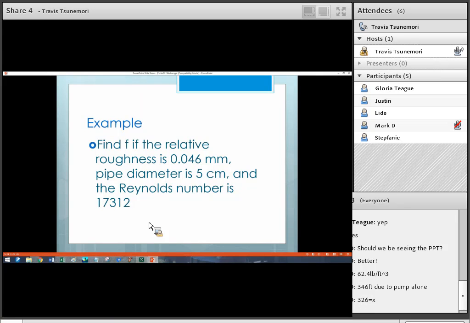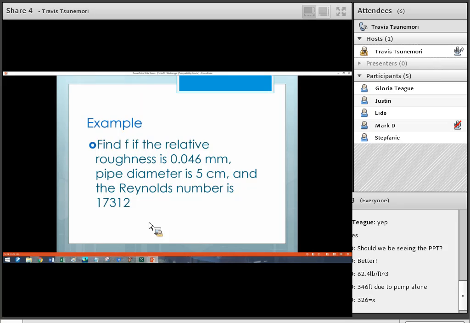Okay, so you find that value on your x-axis, and then we have to find the relative roughness. Epsilon is really only a portion of the relative roughness.